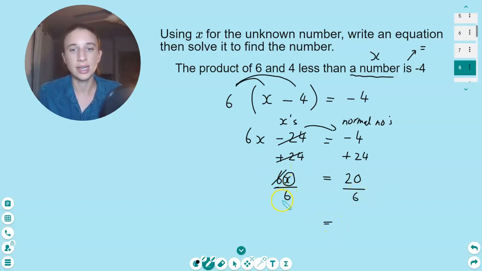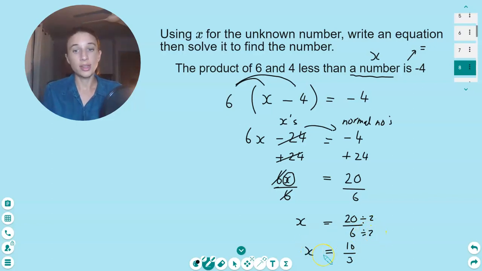The 6's cancel. 6 divided by 6 is 1. 20 divided by 6 is going to be some sort of decimal, so we leave it as a fraction, really. And we can actually put it simpler. I'm just going to throw it in my calculator. It's 10/3 if you divide that by 2 on top and bottom. So sometimes your number can be a fraction, annoyingly, but yeah, that's our answer for this one.